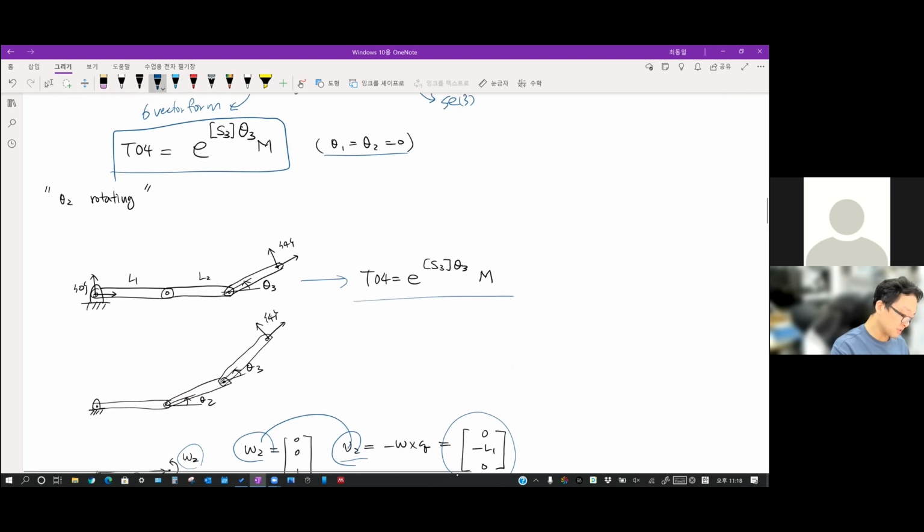Sometimes it becomes 1, 0, 0, or sometimes 0, 1, 0, when we rotate about the x-axis, the y-axis, and the z-axis. And this becomes the direction based on the S frame.